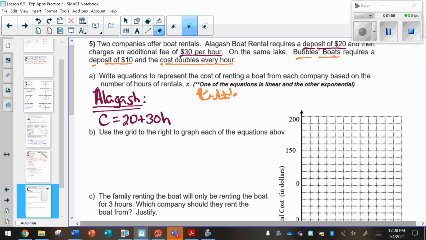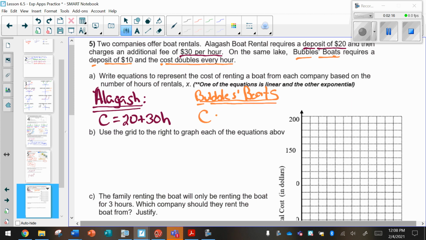For Bubbles' boats, we had a different price scheme. It starts at a $10 deposit, and Bubbles doubles every hour.